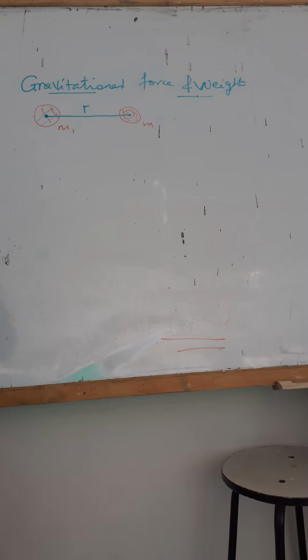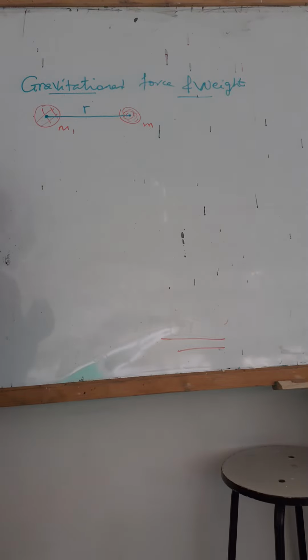The force of attraction between these two masses is going to be considerable, or observable, on one or the other, or on both, when both masses are big enough or one of the masses is big enough. If both masses are too small, the effect of the force is too small to observe. Okay?